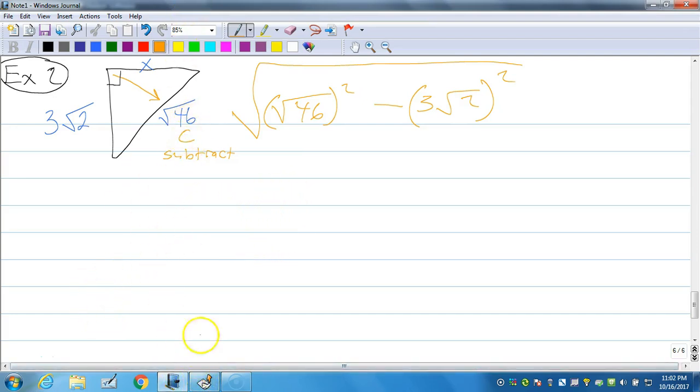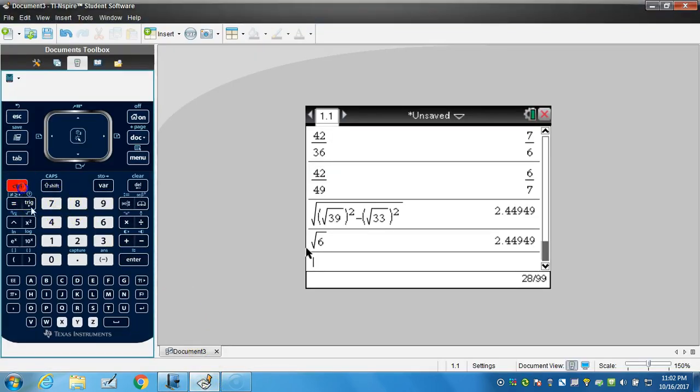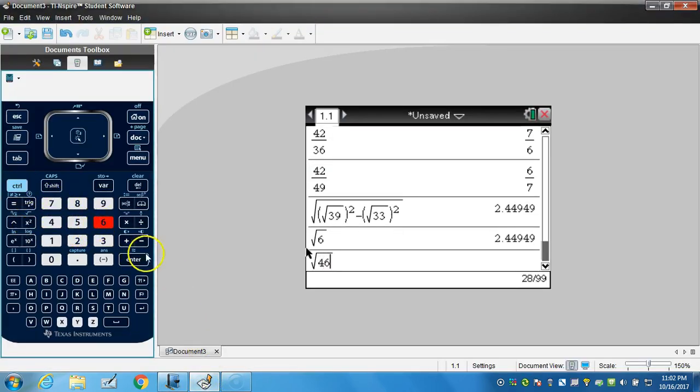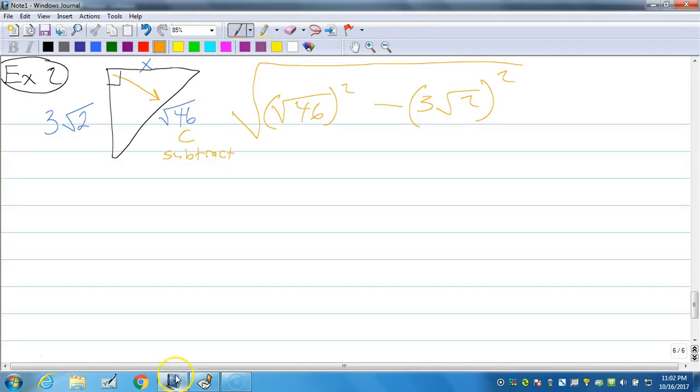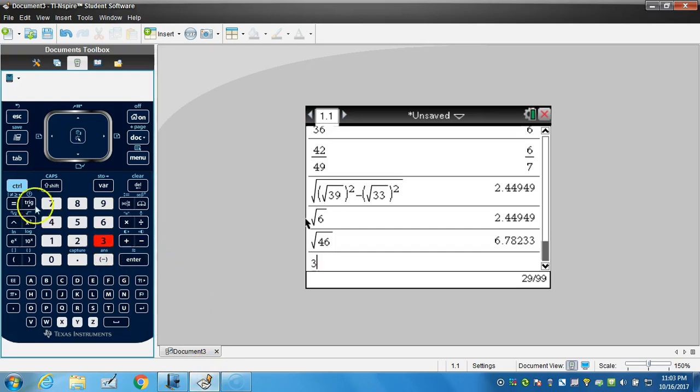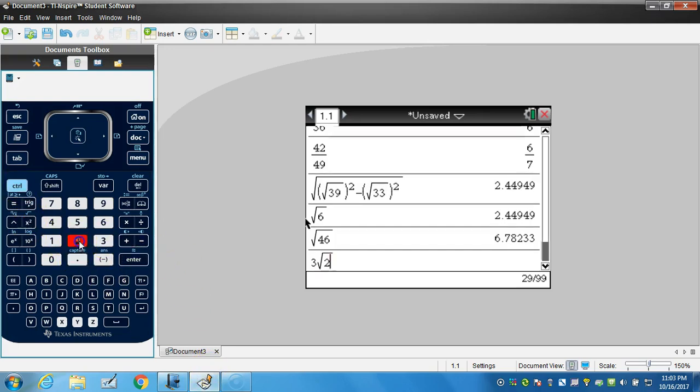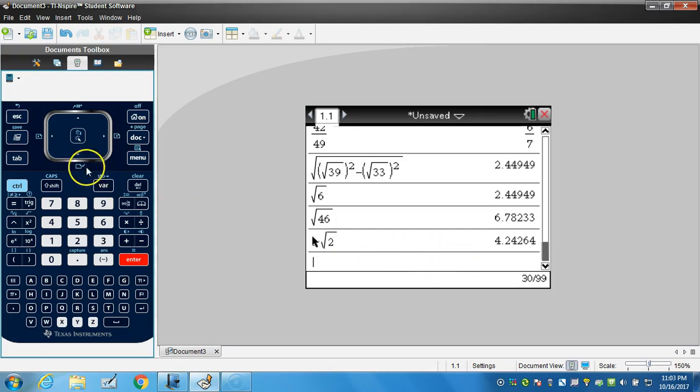I'm going to get the square root of 46 and make it a decimal real quick. Square root of 46 is 6.78. So I'm going to make this 6.78. 3 square root of 2 is 4.24.